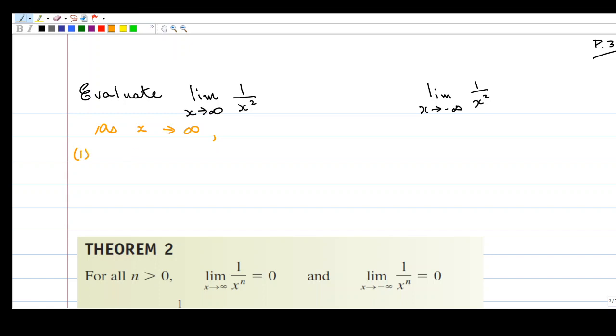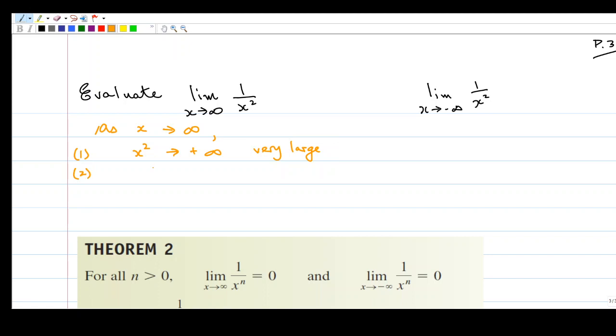for the structure 1 over x squared, your x squared is going to approach positive infinity. So this is very large, right?